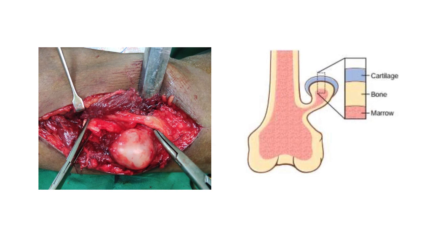The yellow structure is the cortex, and the pink structure is the marrow. The yellow and pink, that is the cortex and the marrow of this outgrowth, is continuous with that of the bone from which it develops, and this is a classical feature of osteochondroma. This arrow mark shows the continuity of the marrow of the osteochondroma with that of the underlying bone.